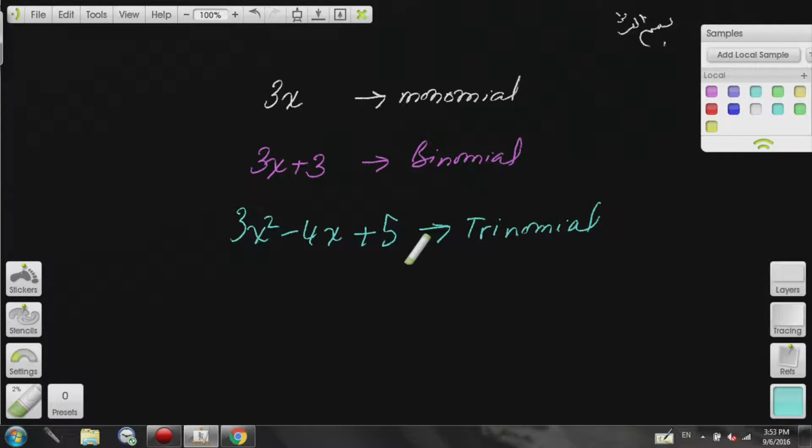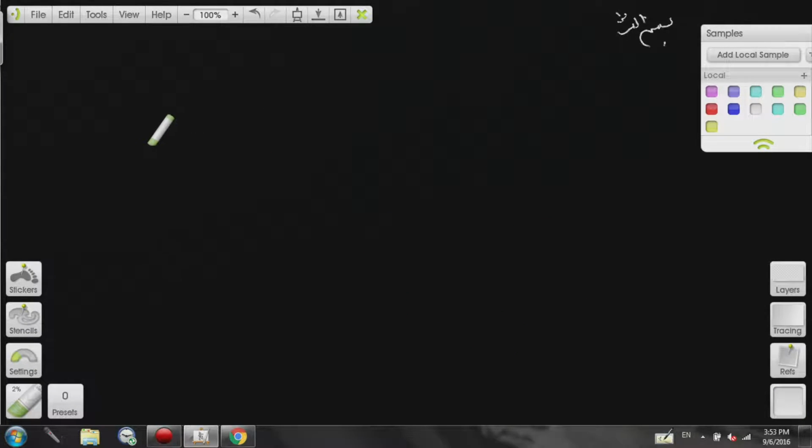And then you can keep going and adding terms, and when you add a lot of terms, that would be called a polynomial. Poly means many, nomial, many terms. So this is a monomial, this is a binomial, this is a trinomial, and if you have more than 3 terms, that's called a polynomial. Okay? So I'm going to write for you a polynomial.